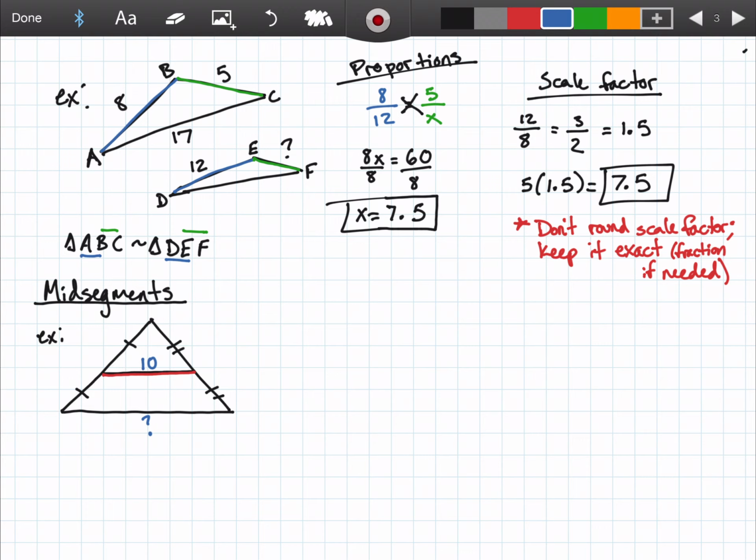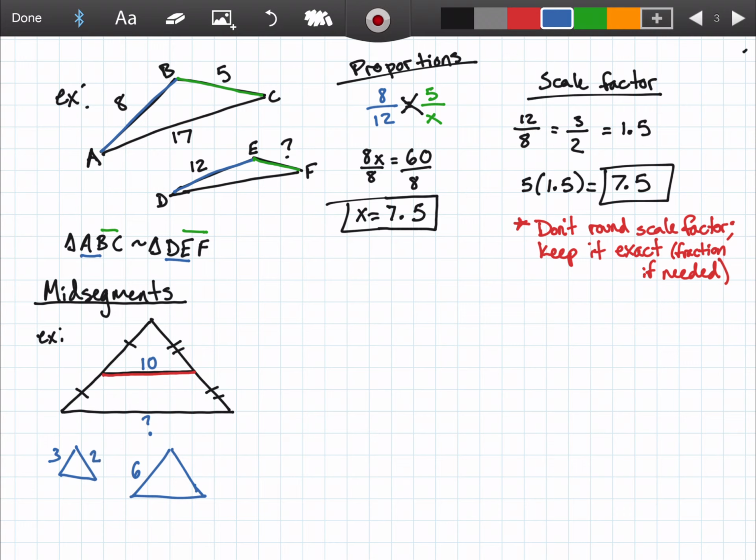Well, in reality here, I have two triangles. I have the small one and I have the big one. So let's say the small one was 3. Well, the big one, because it's just twice as long, it's 6. And the other one, let's say that was, I don't know, 2.